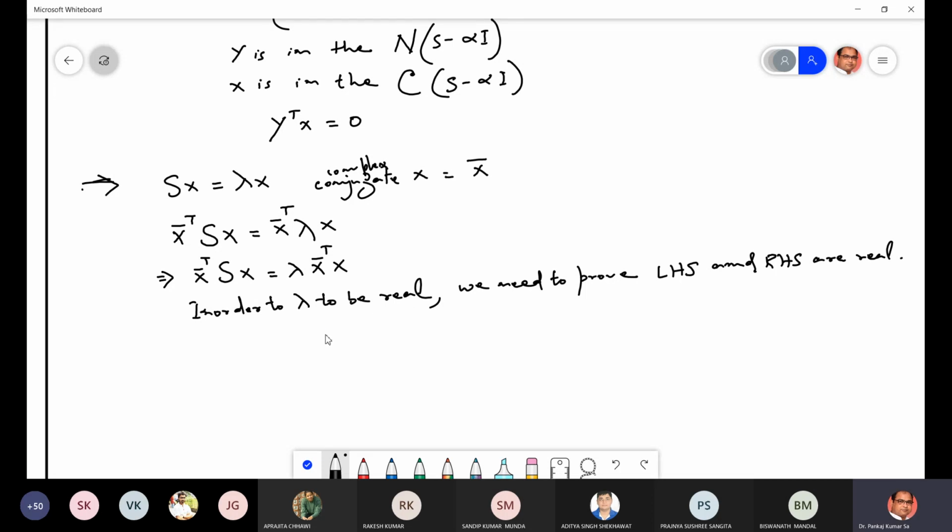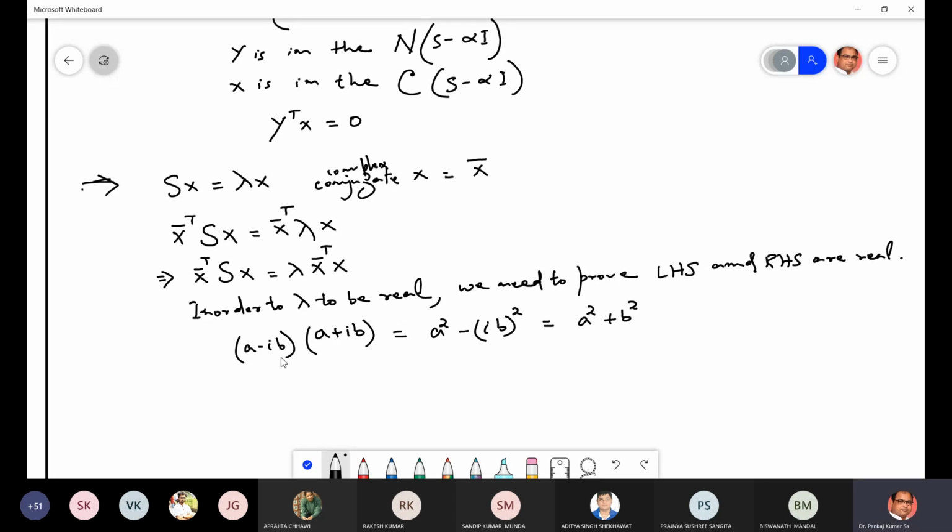And one more hint here: even if x is a complex number, let us say a plus ib, its conjugate is a minus ib, and when you multiply these two, a minus ib times a plus ib, that is a square minus i square b square, and i square equals minus 1, so that becomes a square plus b square.